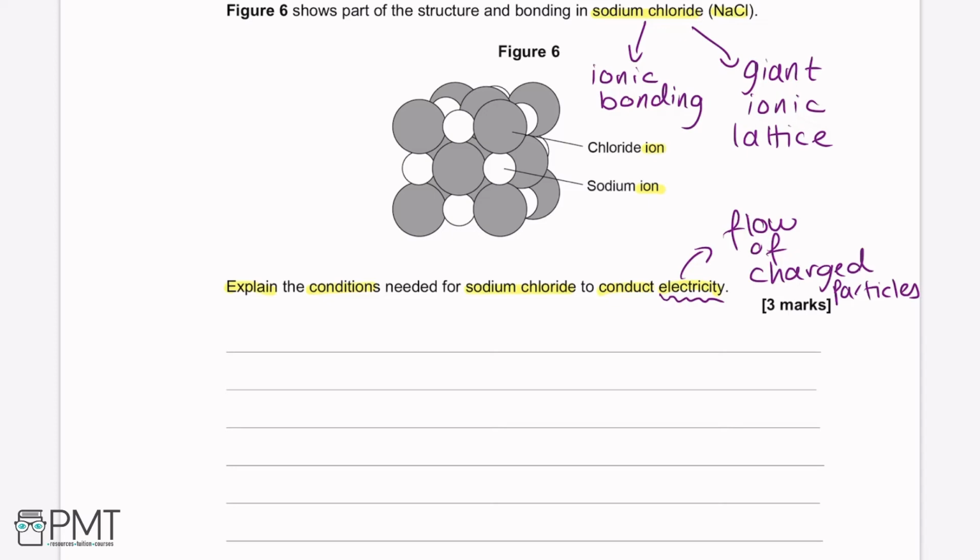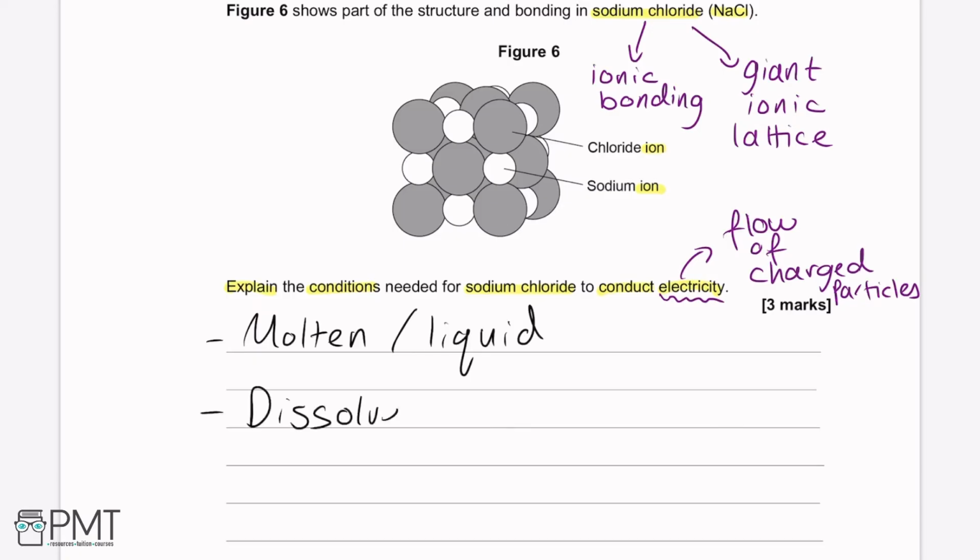So the conditions needed to let those ions move is we either need it molten, or liquid, or dissolved. So we could say dissolved, for example, in water, or another way of putting that would be to say aqueous.